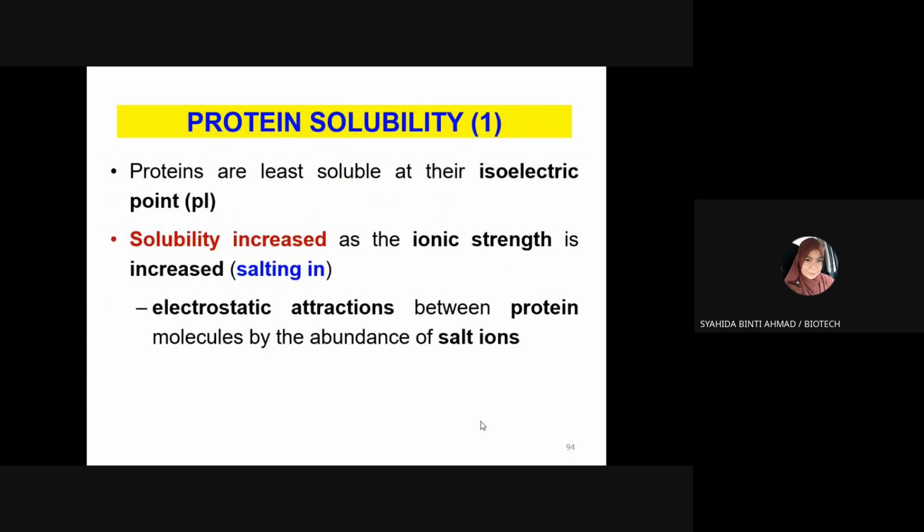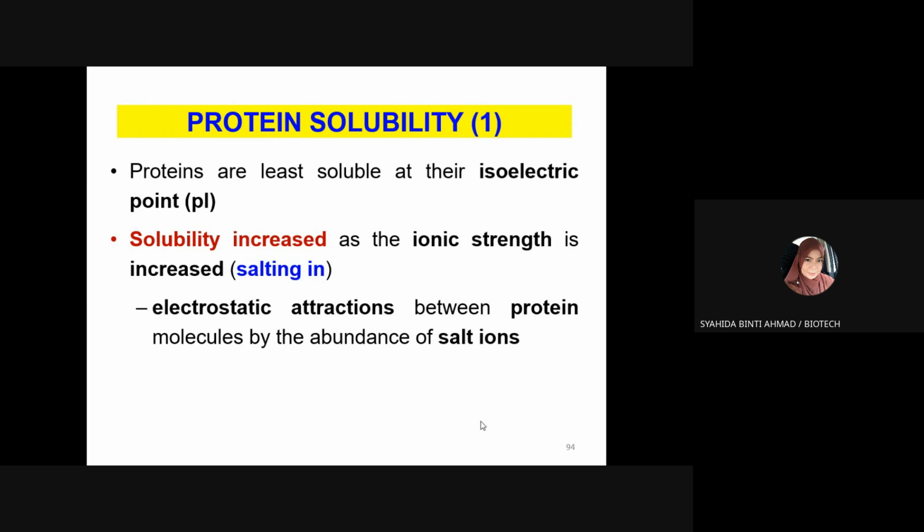Okay. So first, protein solubility. You need to know when you handle protein that they have an isoelectric point. You can increase the solubility by adding salt. You know the protein can be soluble in water.